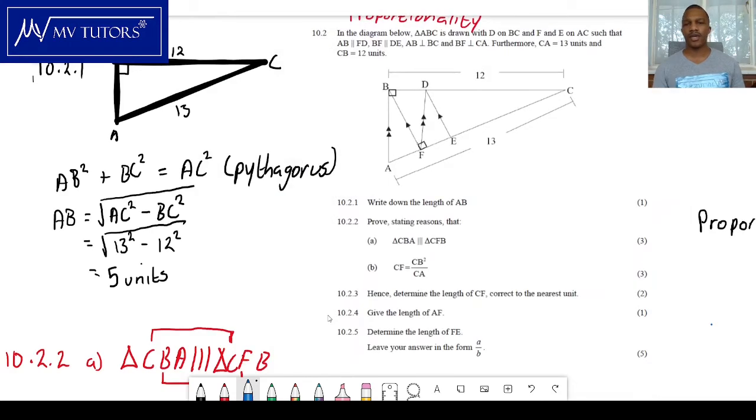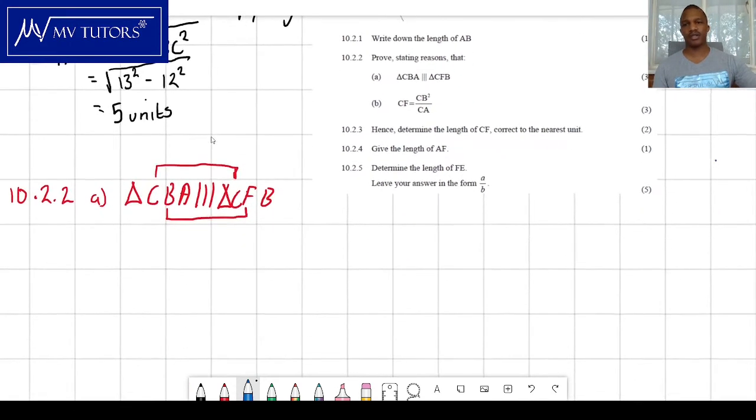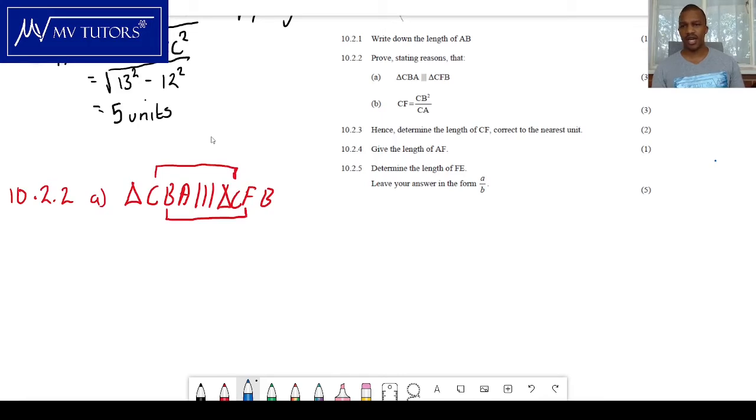But what we can say here is that angle C is equal to angle C. Why?